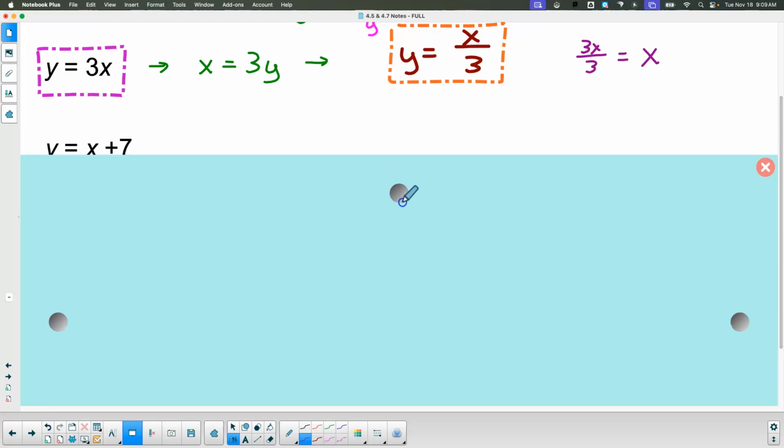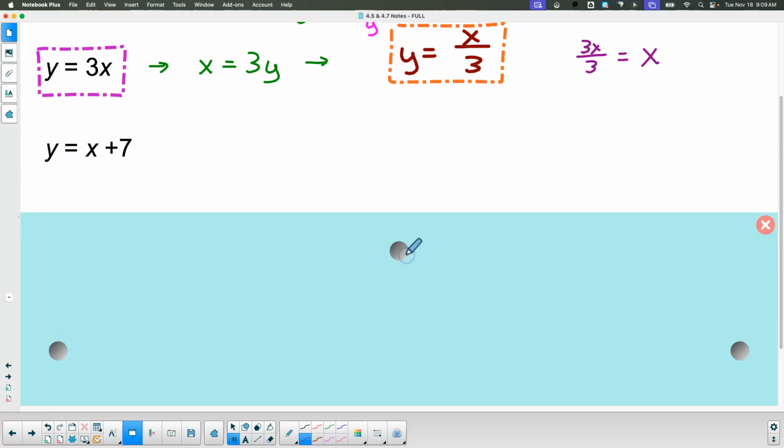Let's get a little more complicated function. Y equals x plus 7. If I switch x and y, I get x equals y plus 7. I get y equals x minus 7.